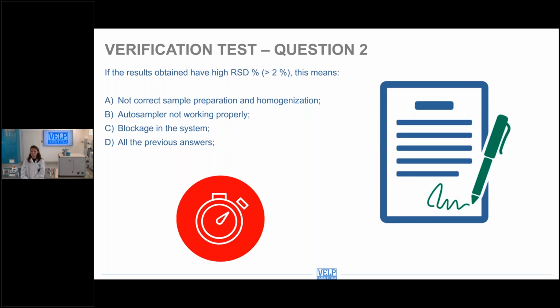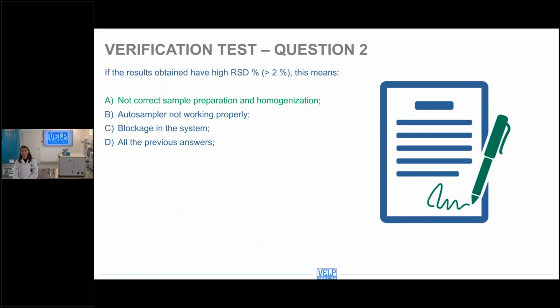Also in this case, we analyzed this case before when we can face poor reproducibility of the results. Usually for the Dumas analysis, it is required to have results with relative standard deviation below 2%. It is a requirement written in the official methods. So it's very important to have these reproducibility data lower than 2%.